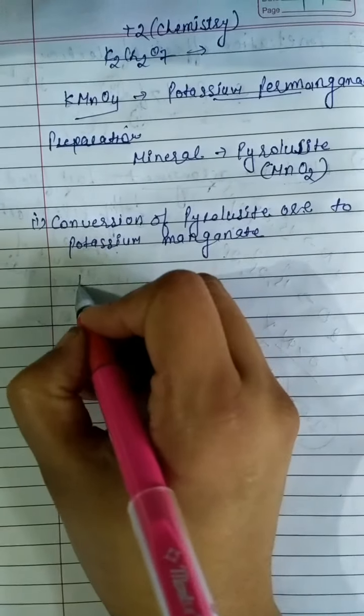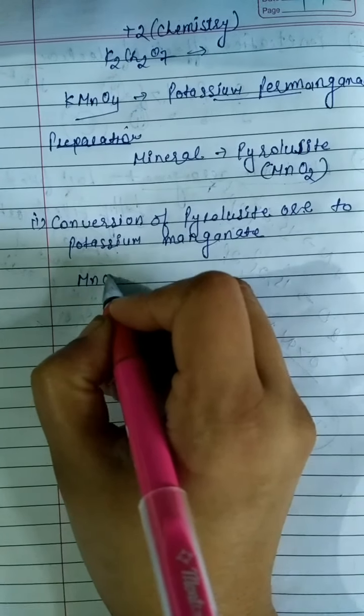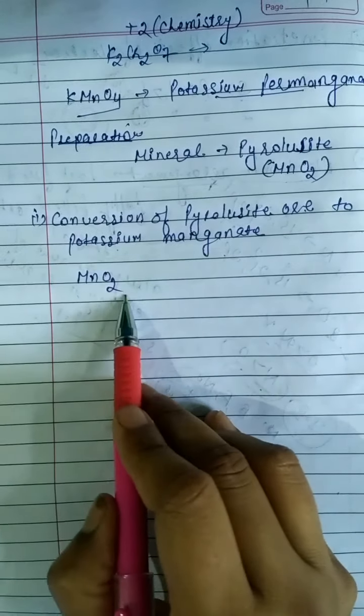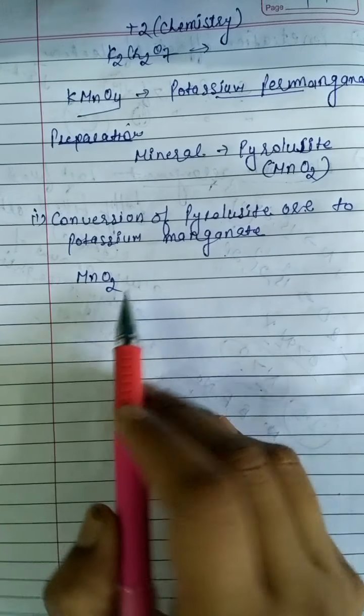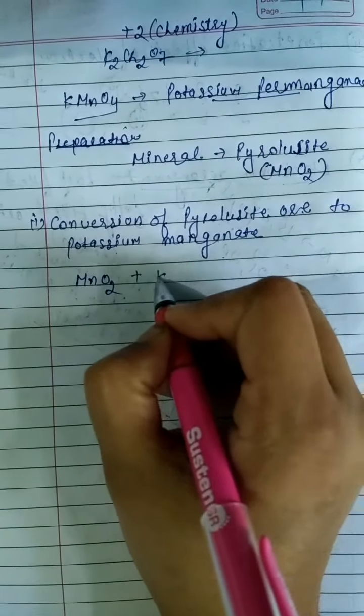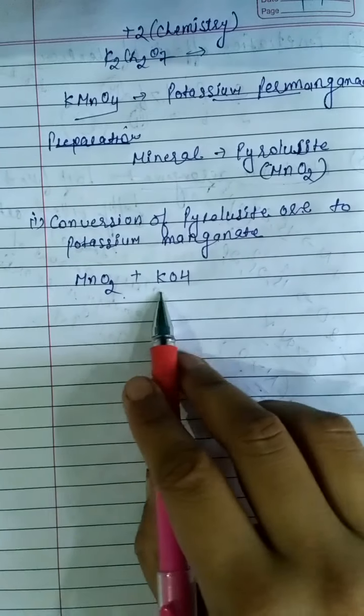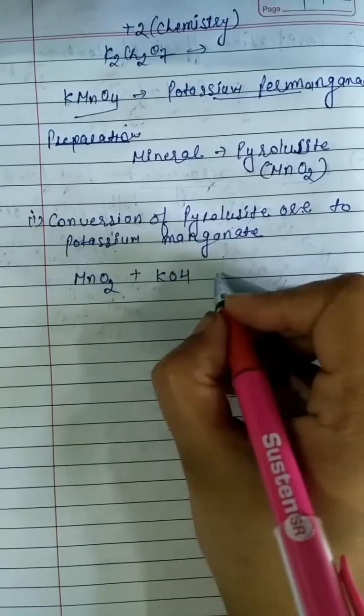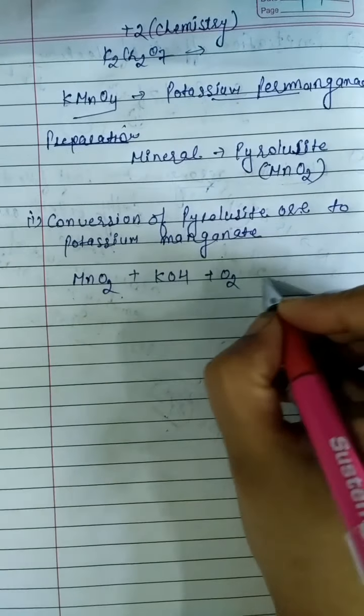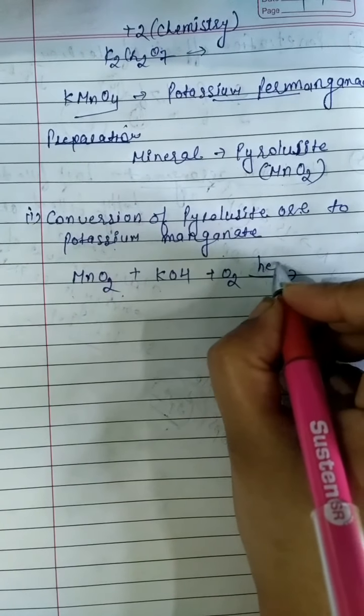In this, MnO2 is treated with KOH, potassium hydroxide, and reacts with oxygen when we heat them.